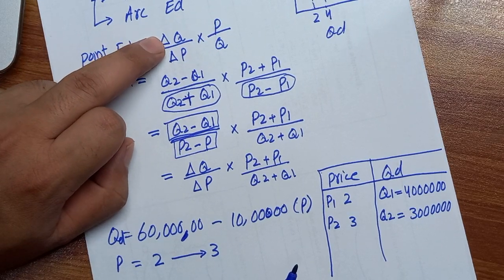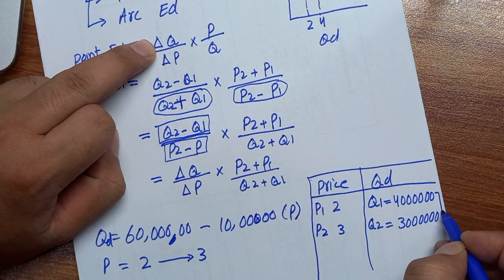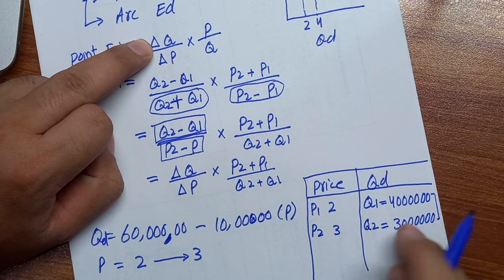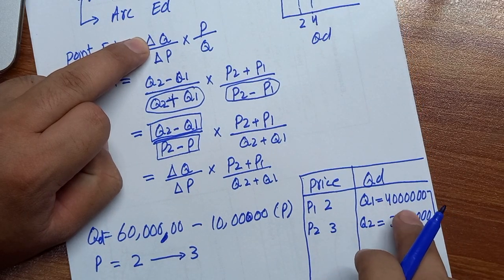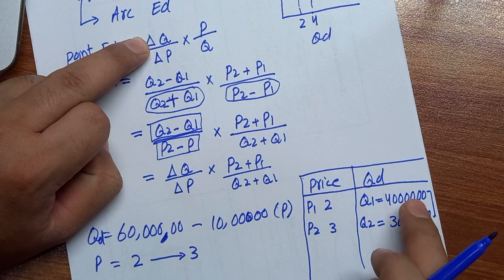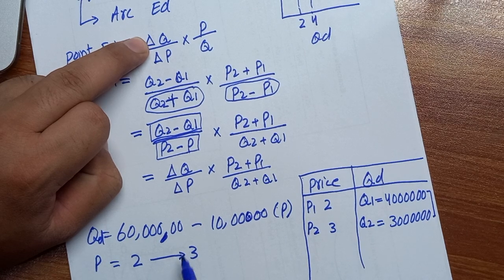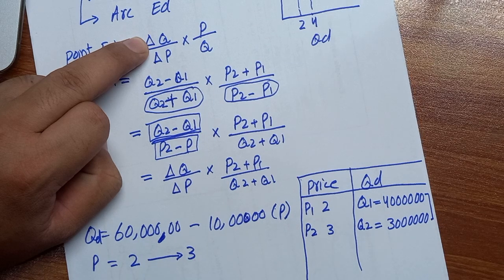So for change in quantity, first we should find the change between these 2 points. How much change do we have? 40 and 30, we have 1 million change. So here I will write 1 million. How many zeros do we have? 1 2 3 4 5 6.